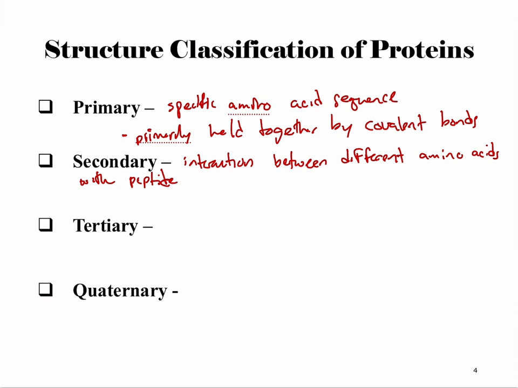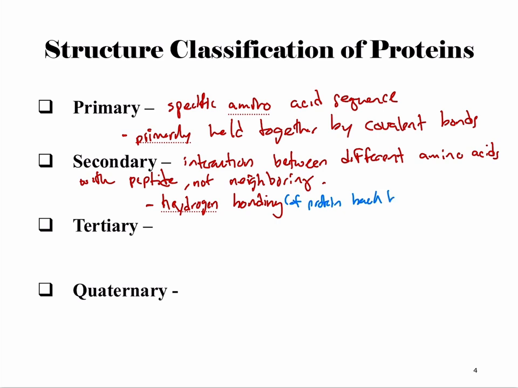And these are often going to be amino acids that are not neighbors, meaning that they're separated by other amino acids in a single protein. And these are generally held together by hydrogen bonding, specifically hydrogen bonding of the protein backbone.